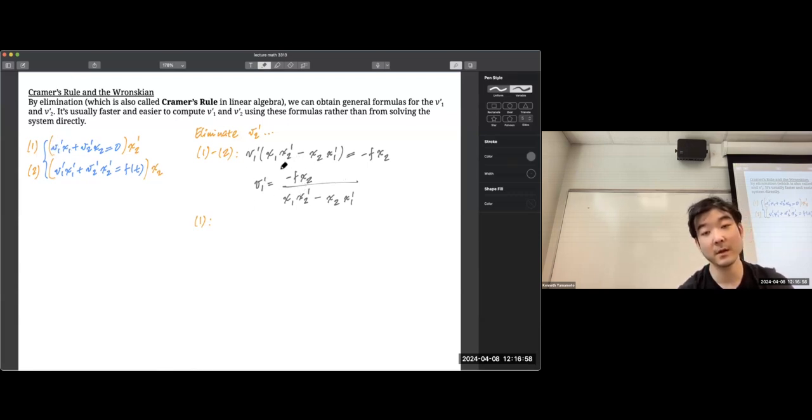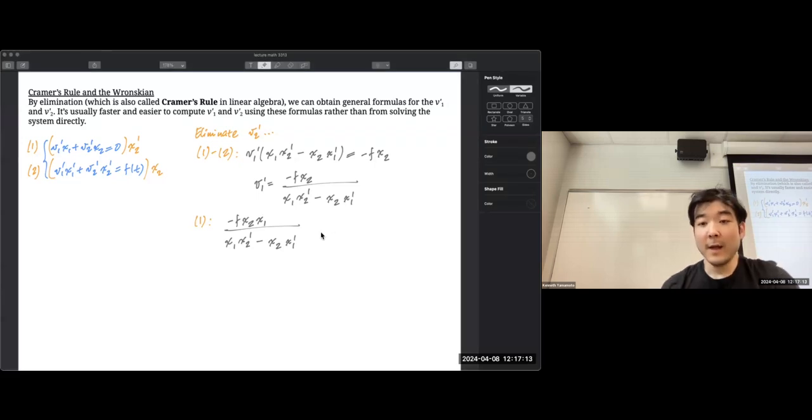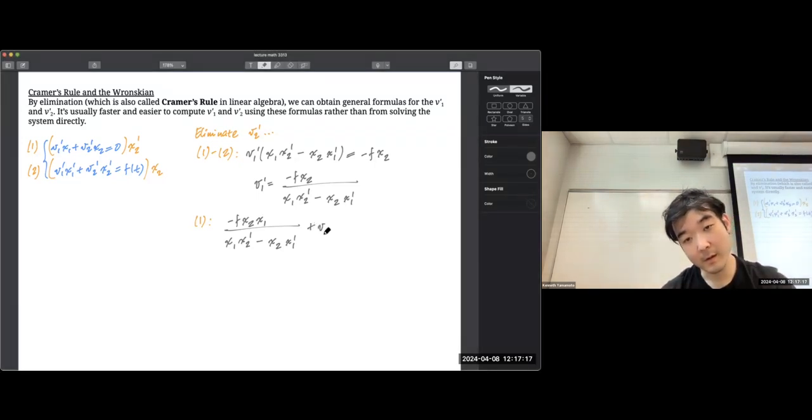So it's going to be literally all this times x1. So there's an x1 here, so I'm just going to say x1 here. And then you're going to add to this your v2 prime x2. And this has to equal 0.